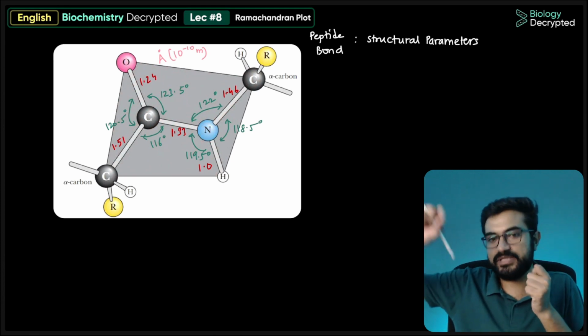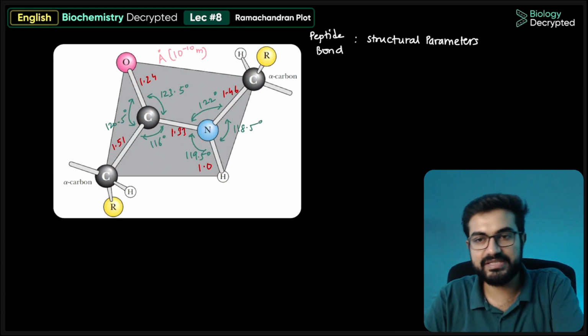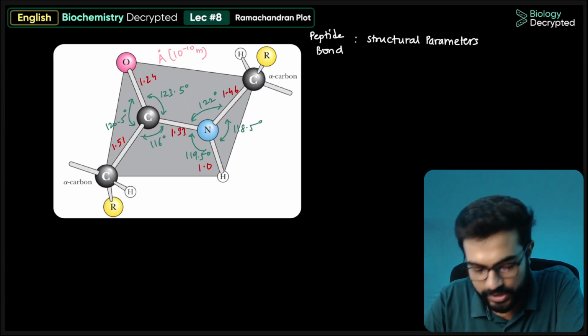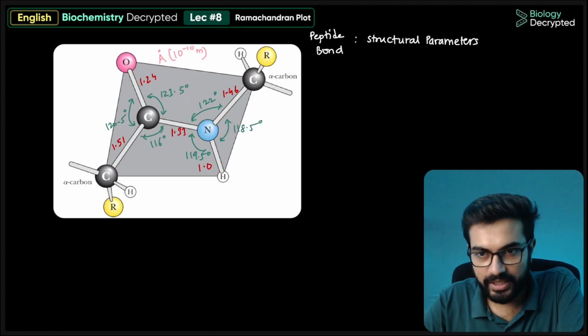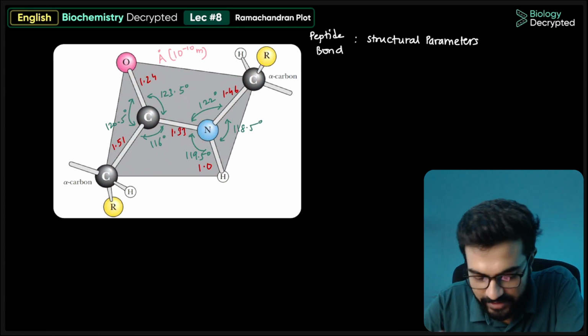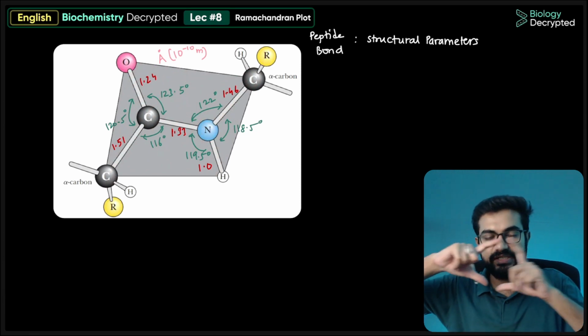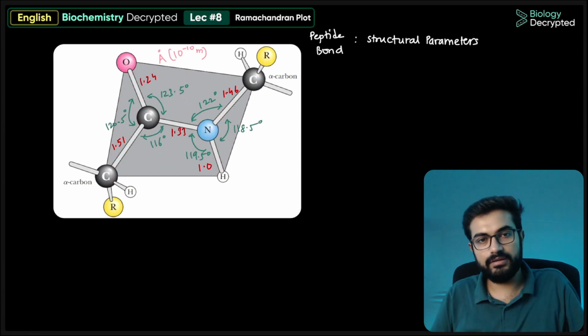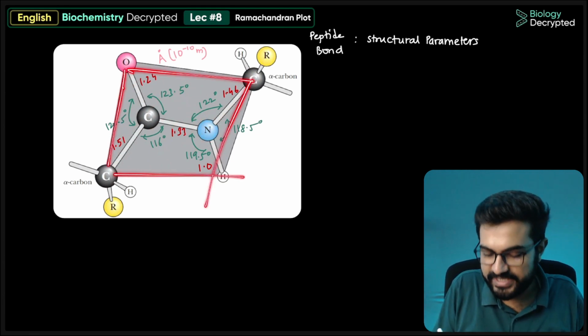Although the other carbons, the carbons at the end, will have a three-dimensional tetrahedral structure because they have R group and H group attached and there is no resonance going on there, the whole unit including the peptide bond will be present in a plane.